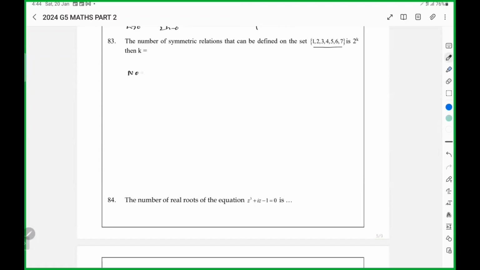Number of relations on set A, which contains n elements, is... Just I'll give an introduction about relation.